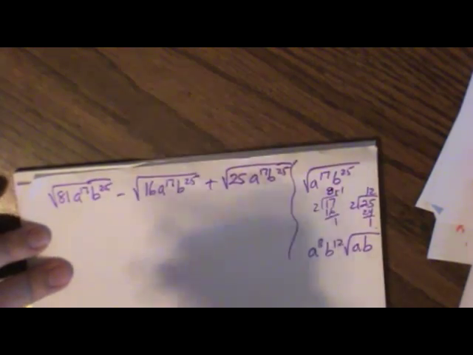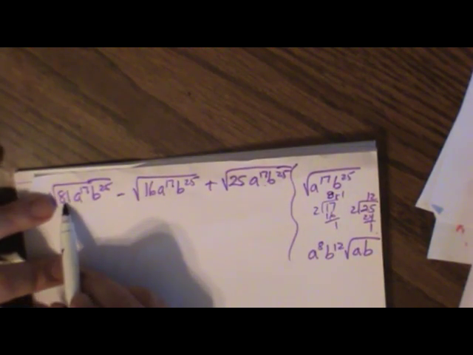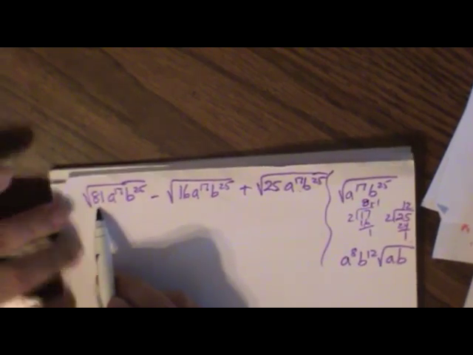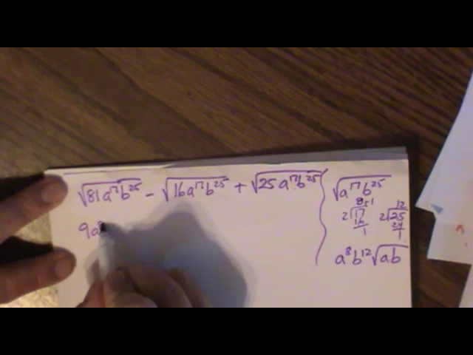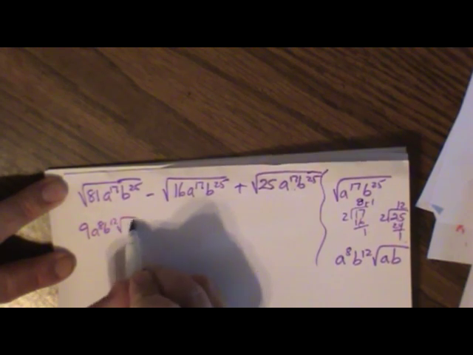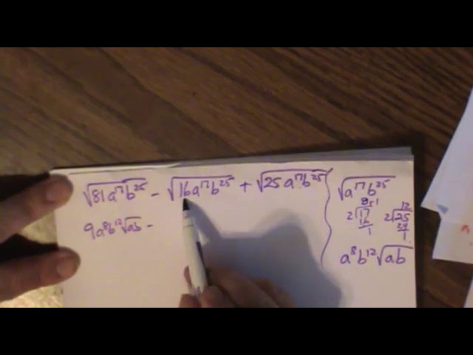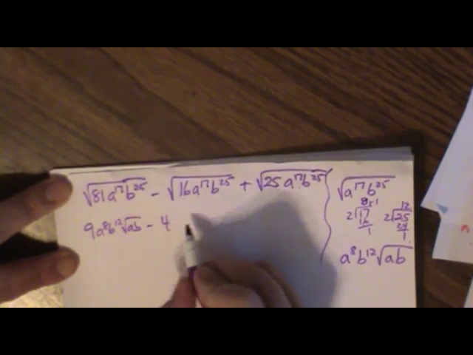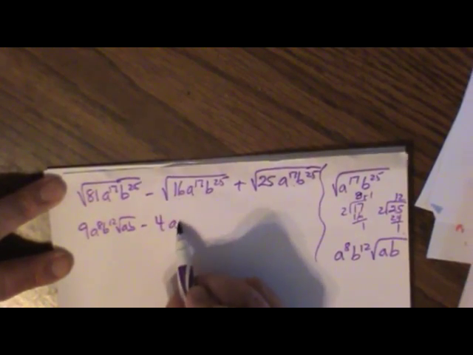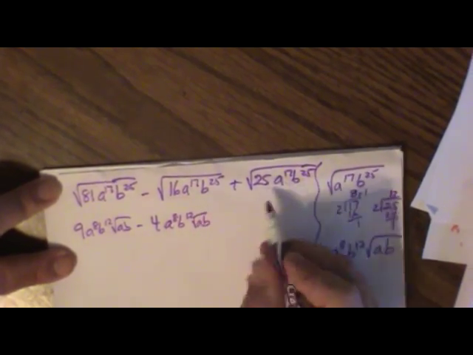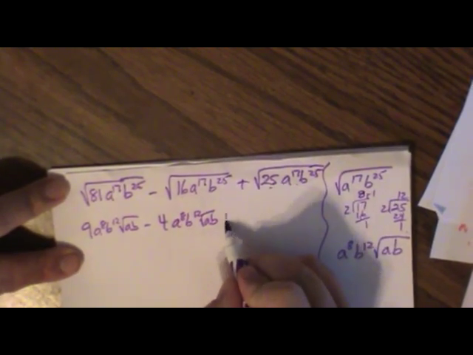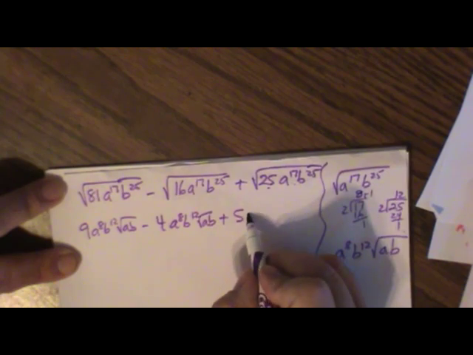So what is the square root of 81? It's 9 with our tag. The square root of 16 is 4, and we're going to put our tag with it as well. And the square root of 25 is 5.